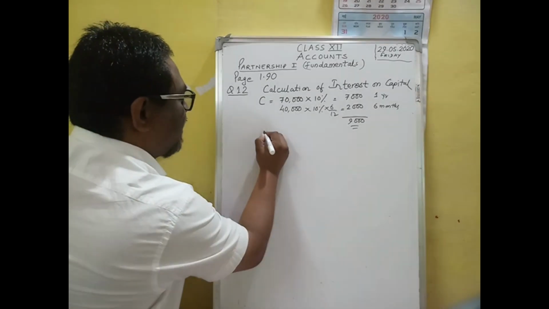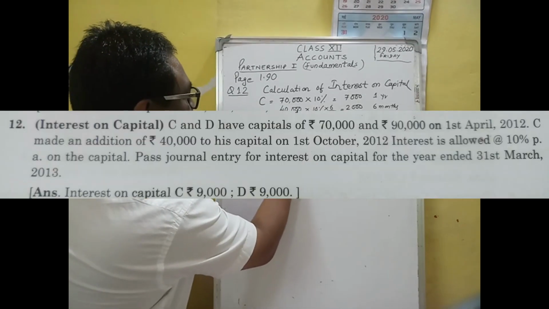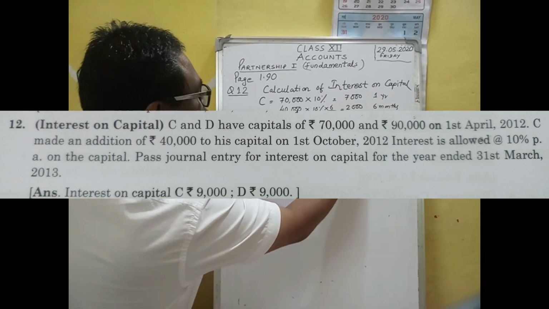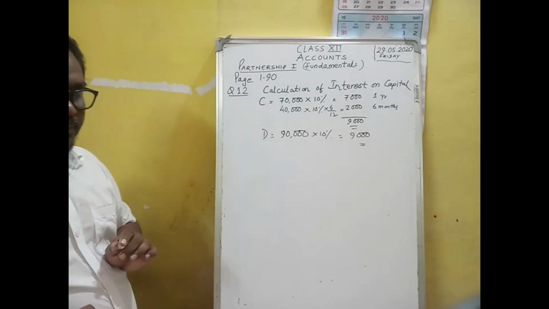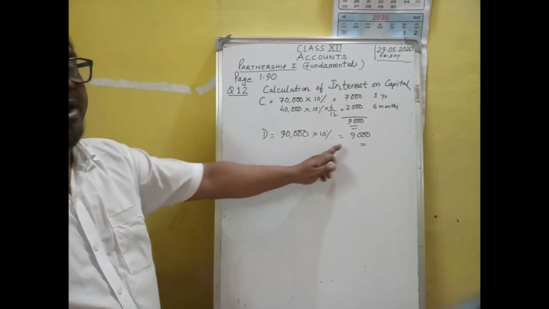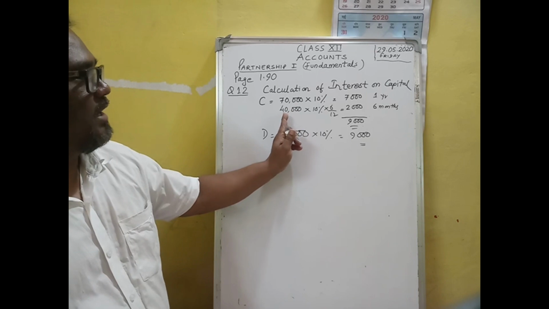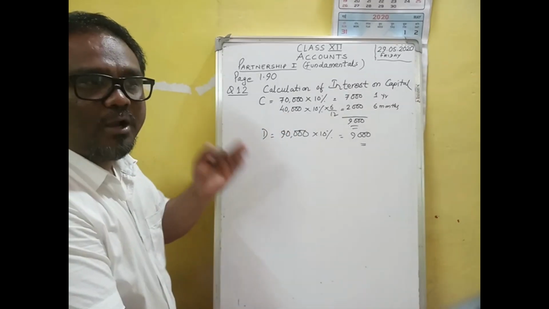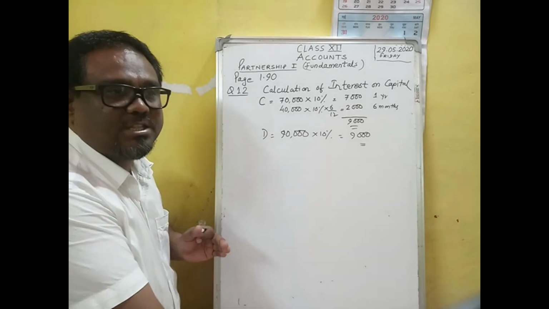Now similarly D's opening capital is 90,000 and D has not introduced any additional capital. So D's interest on capital is 9,000. 9,000 for C and 9,000 for D. This is for one whole year. 70,000 for the whole year, and 40,000 C introduced on 1st October, so November, December, January, February, March 2013 is the year ending.